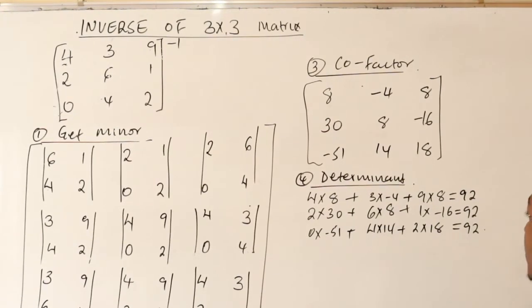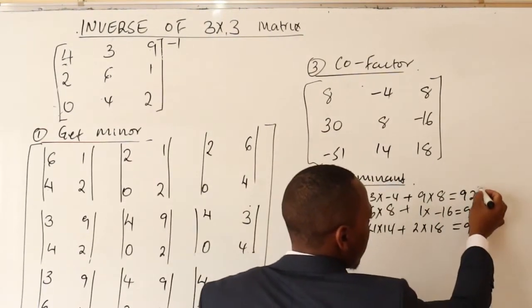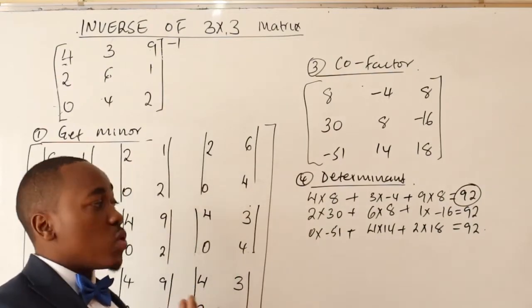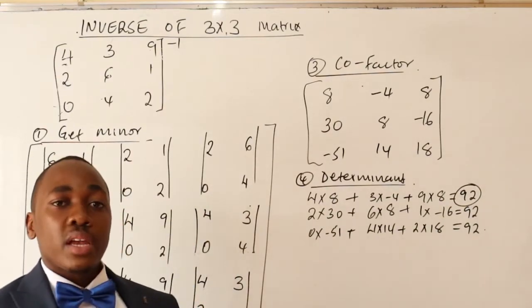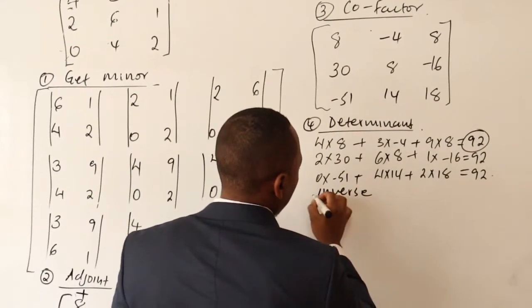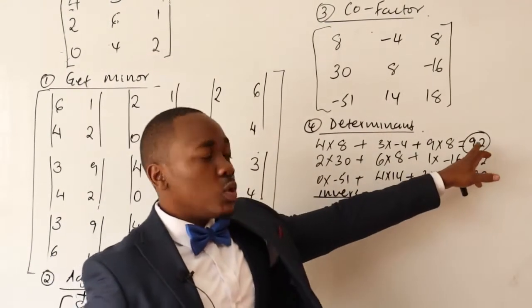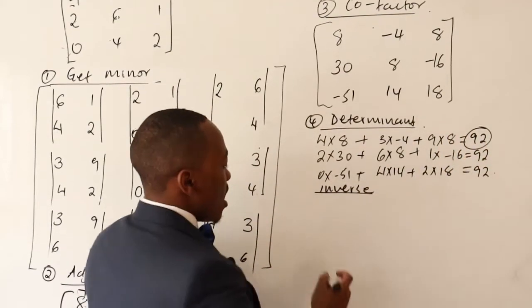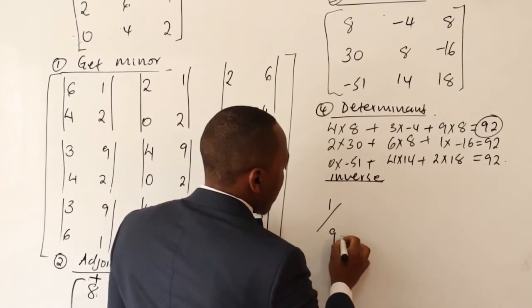Now, after we get the determinant, in this case we just select one, which is 92. So how do we get the inverse? Our determinant is 92, you reciprocate, so it will be 1 over 92.